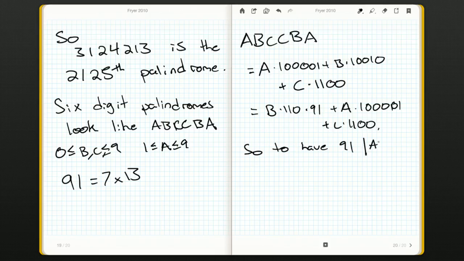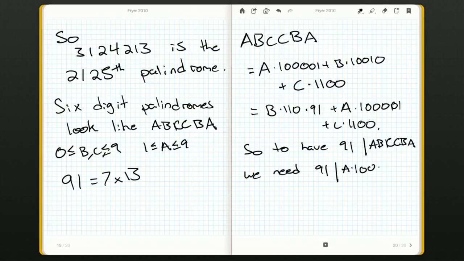So for A, B, C, C, B, A to be divisible by 91, we need 91 to be divisible by what's left over here.